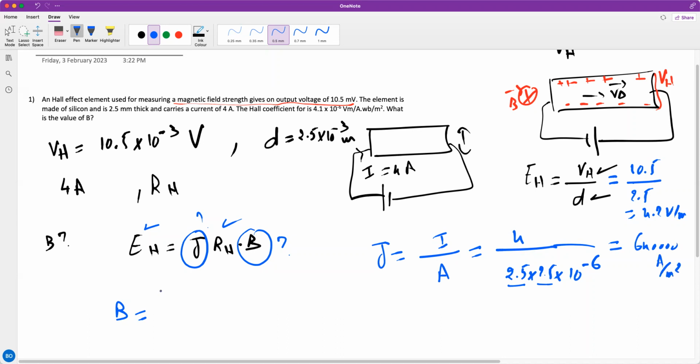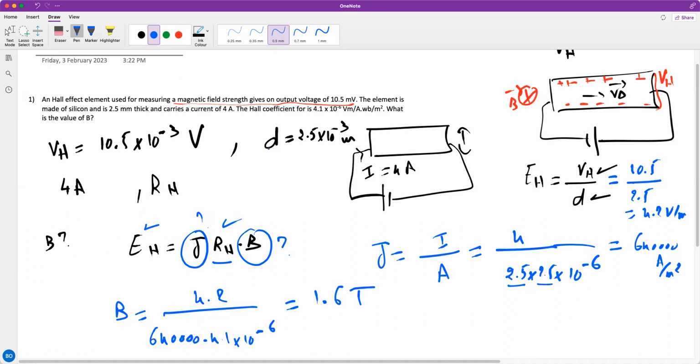Then B will be 4.2 divided by J times R_H, and R_H is given as 4 × 10^-6. I think this will give you 6 Tesla.